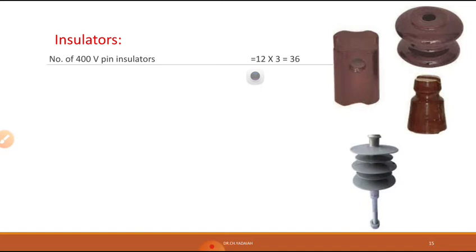You can see the first one is the guy insulator, another one is the shackle insulator, and at the bottom the 4 cylinder red ones are pin insulators. The white colored one, the latest, is a polymer insulator. Polymer insulators are the latest insulators we use compared with porcelain insulators. After that we calculate the number of shackle insulators. So this is all the length.